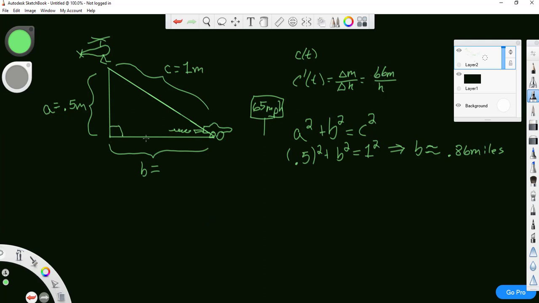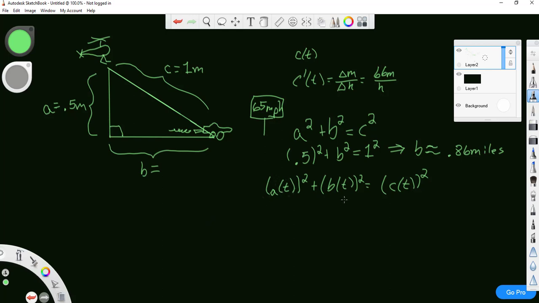So what I'm going to do is I'm going to say that all of these are position functions, just like C was a position function of time. So at this time, I am 1 mile away from the cop. So we're going to do A of t. Well, I know that A squared plus B squared equals C squared. And now if I want to figure out my rate of change, what am I going to do? Well, I'm going to take the derivative.